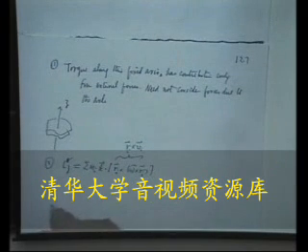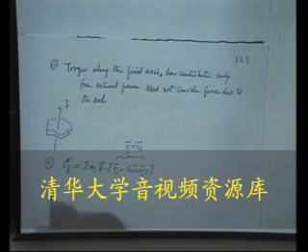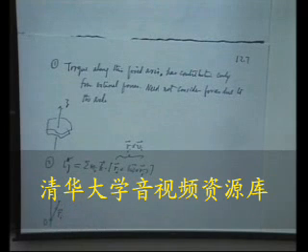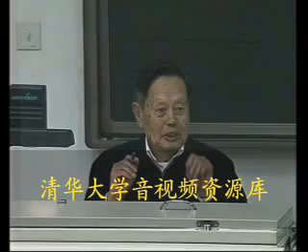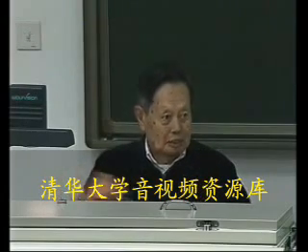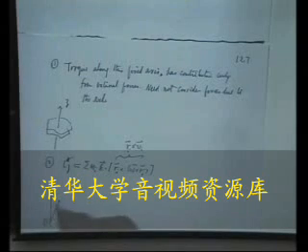Now consider a point. This is the z-axis. This is the origin. Consider a point R_i. R_i refers to the origin, and the origin is not the center of mass. We don't discuss center of mass at all. We only talk about the origin on the axis. That's what we said before. So this is R_i, and R_i consists of two parts.